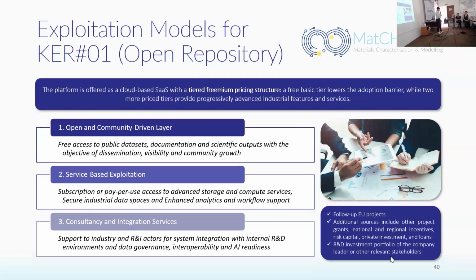About the tiers of the open repository: the first tier will be related to a sort of freemium service. What does it mean? There will be free access to public datasets. So I expect, for example, that the customer segment should be academia, to do some research and study with the data that they need.